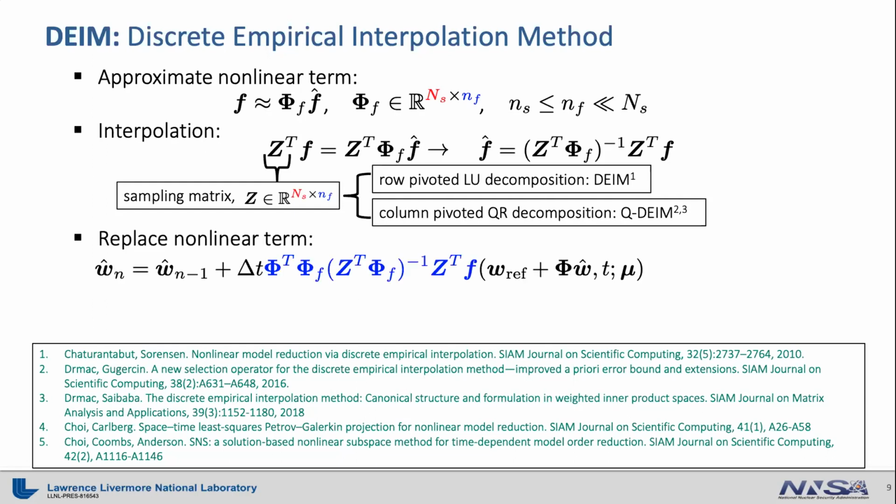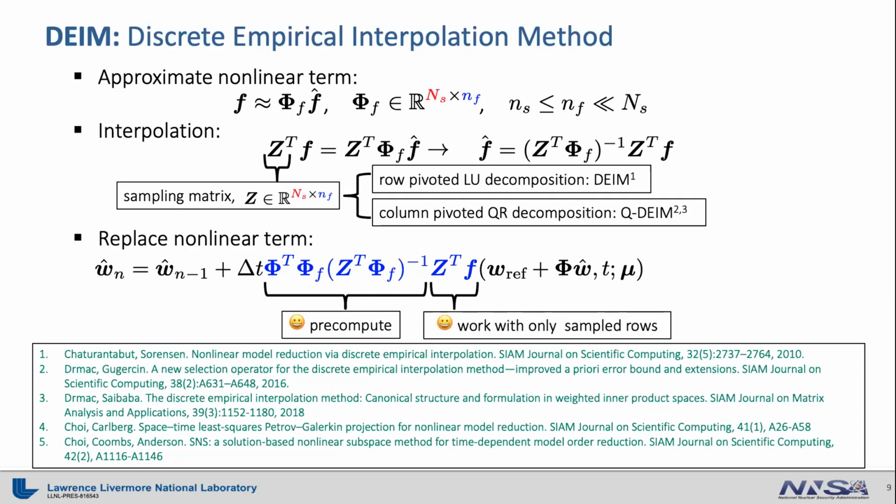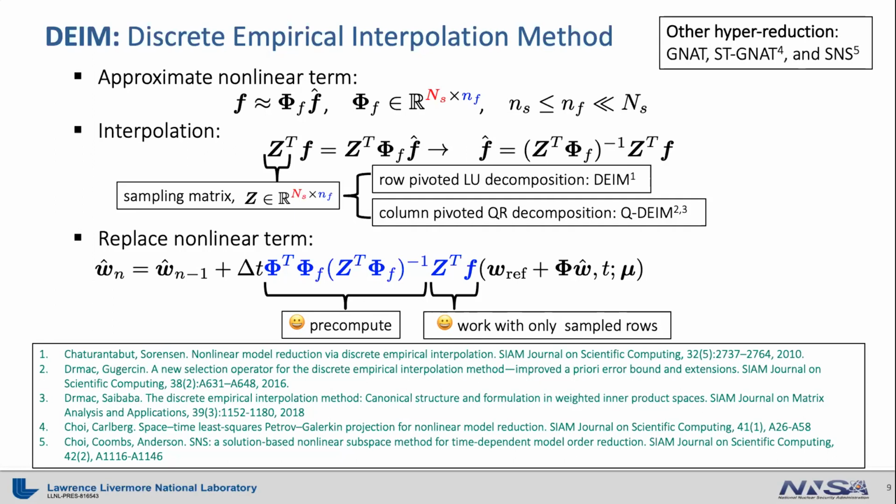Then you will end up with these crazy looking equations, but if you look at them close enough, most of the terms can be pre-computed, and this nonlinear term can be efficiently computed thanks to the sampling matrix Z in front of the nonlinear term F. This is how we achieve the efficiency through reduced order model and hyperreduction. There are many variants of DEIM, for example, GNAT, ST-GNAT, and SNS, but the main machinery of the hyperreduction follows this paradigm that I have just introduced here.